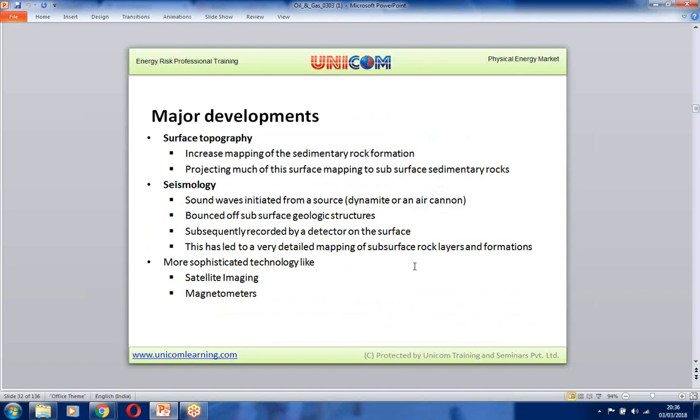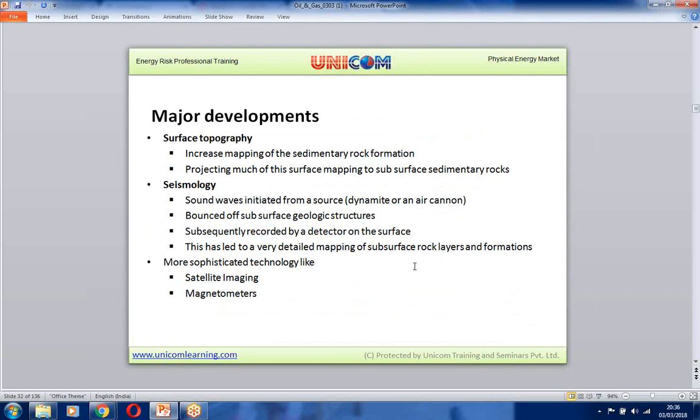In seismology, we send sound waves from a source like dynamite or an air cannon, which get bounced off subsurface geological structures and are then recorded by a detector put on the surface. This has led to detailed mapping of the subsurface rock layers and formations.